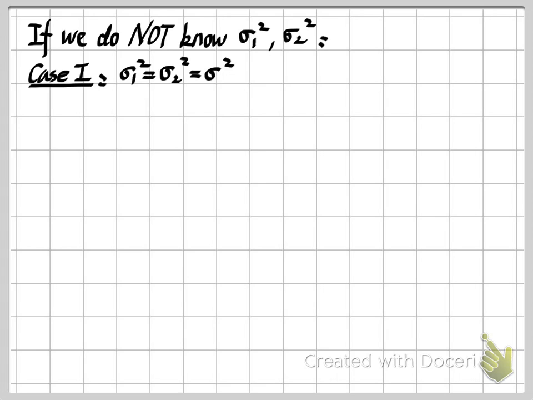So sigma 1 squared equals sigma 2 squared equals sigma squared. Sigma is some value we don't know, but we just denote it as sigma, and later we will always use sigma to create our equations.